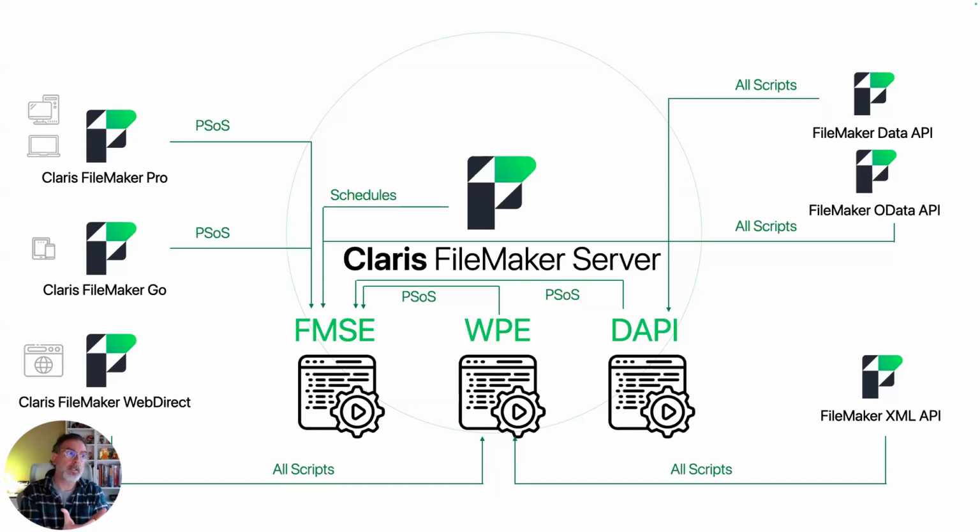It isn't, right? When you do perform script on server from inside a script that runs in WebDirect, you're actually handing over between two different script engines. Your normal script runs in the web publishing engine, and you now through PSOS ask or invoke a different script engine, the FMSE, to run that script for you, right?